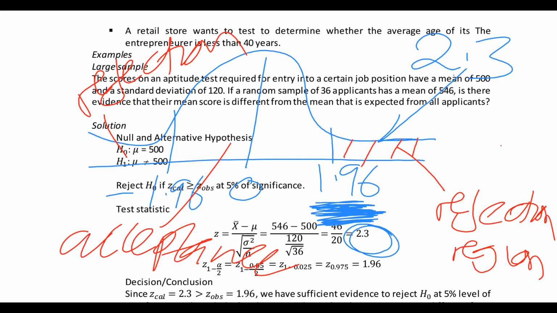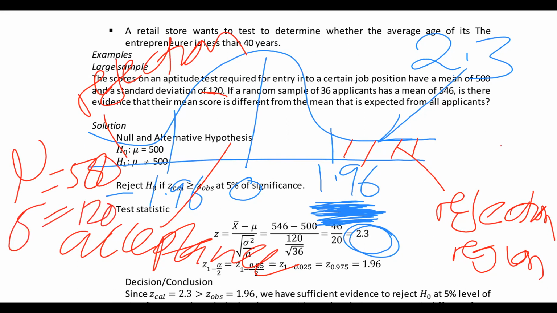It is given that the aptitude tests required for entry into a certain job position have a mean of 500. That first mean you find is called the mean from the population. That will be your mu. So in this case, your 500 will be your mu. Then you are given the standard deviation, which is 120.